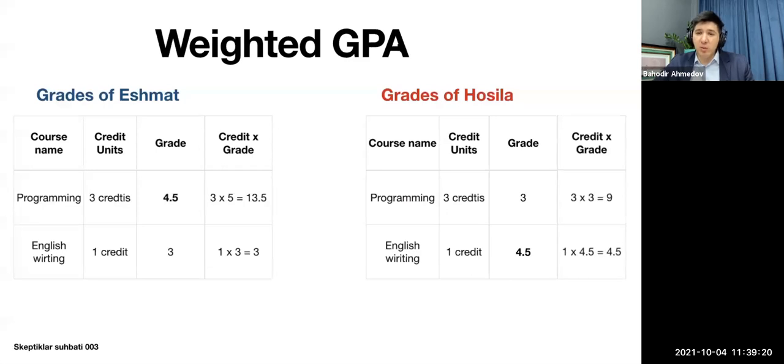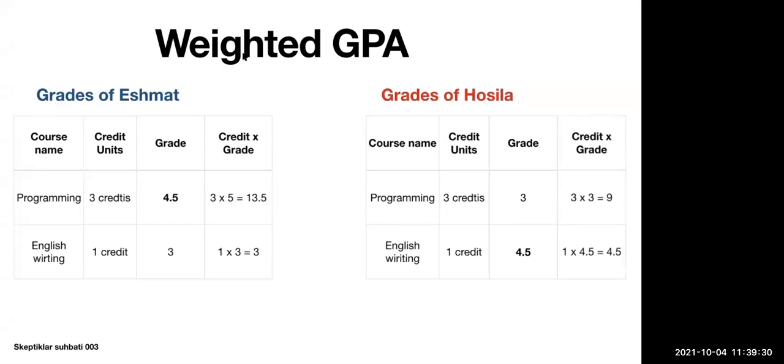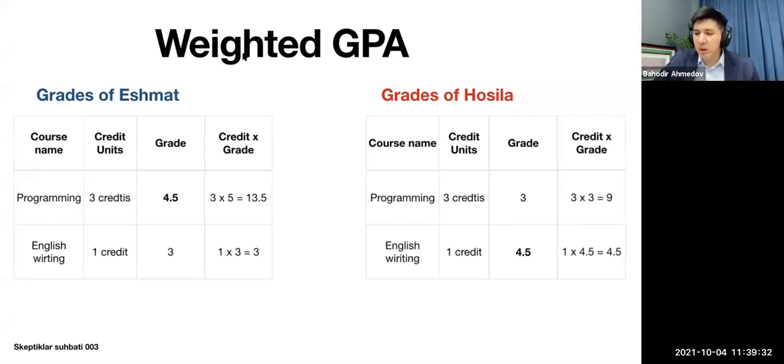In order to do this, we need to calculate one more column where we multiply the grade of a subject by the credit, okay? For example, here, I'm going to multiply 3 by 4.5, and I will get 13.5. 1 multiplied by 3 is going to be 3.